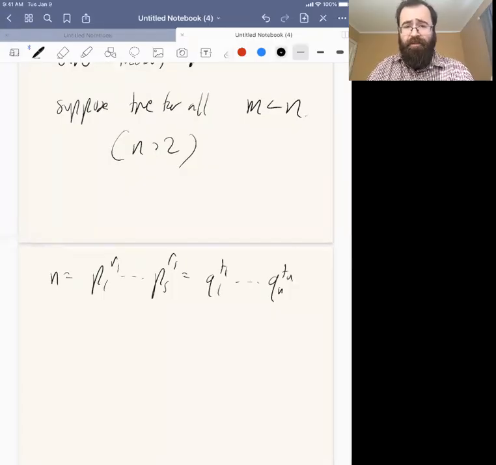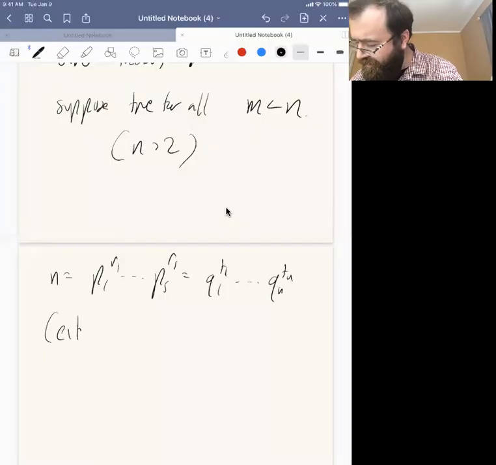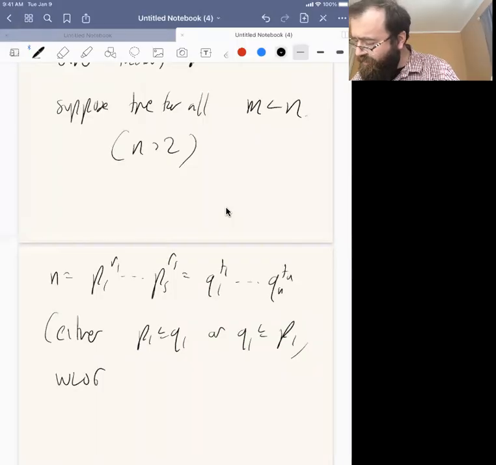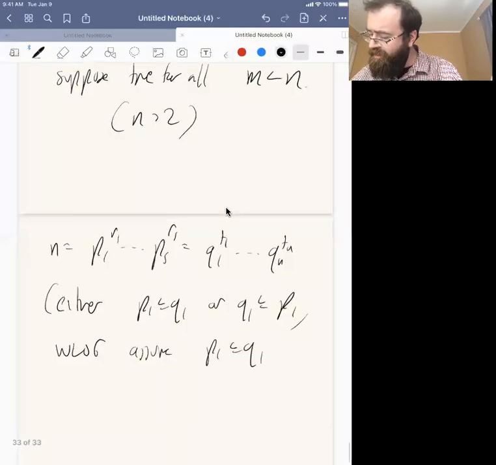And so you might as well assume that p1 is less than or equal to q1, or q1 is less than or equal to p1. Let's assume, without loss of generality, that p1 is less than or equal to q1.